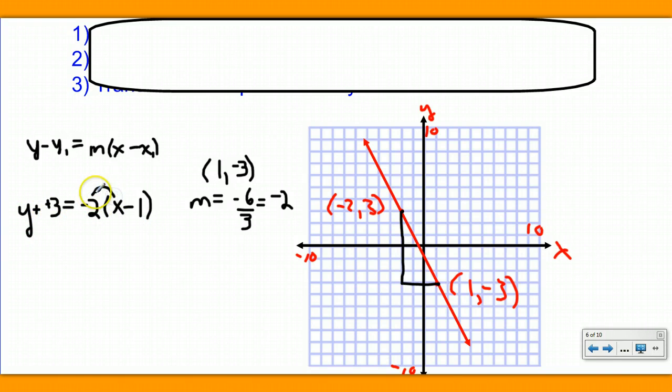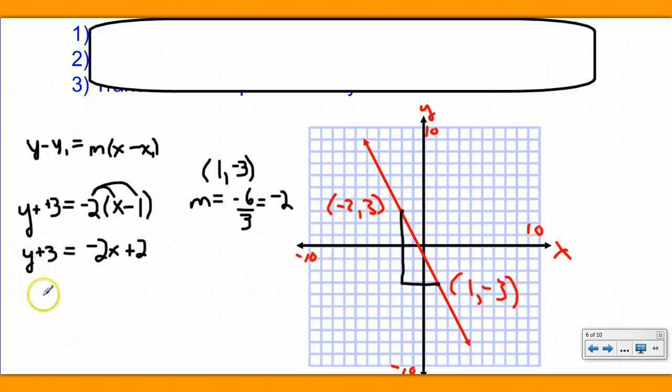So let's distribute -2 to both terms on the right side before we move anything across the equal sign. So y plus 3 equals -2x, and then we have -2 times -1, right? Which is +2.